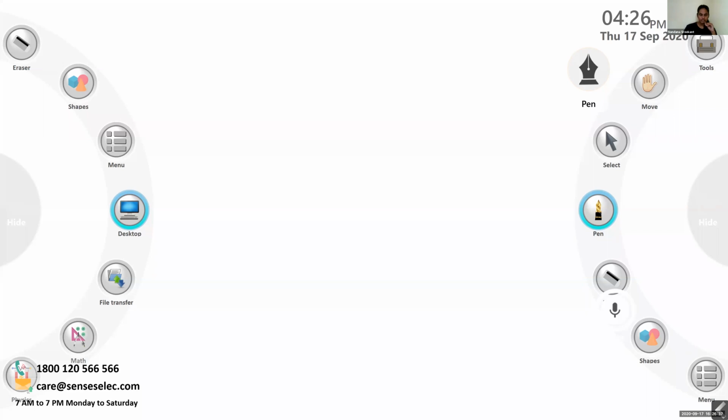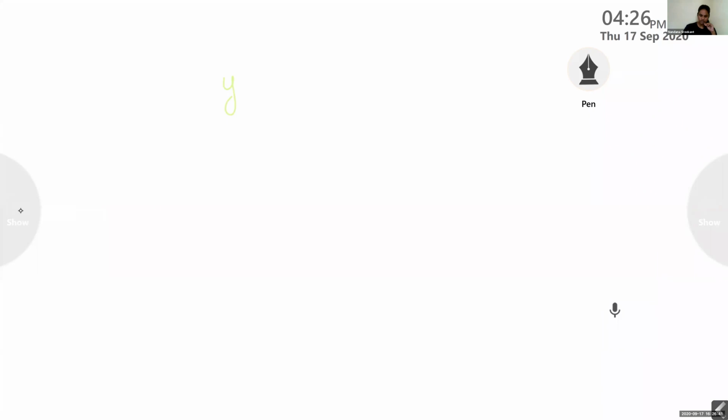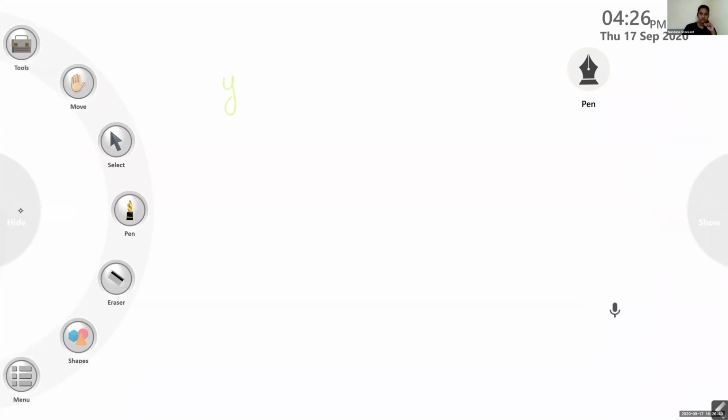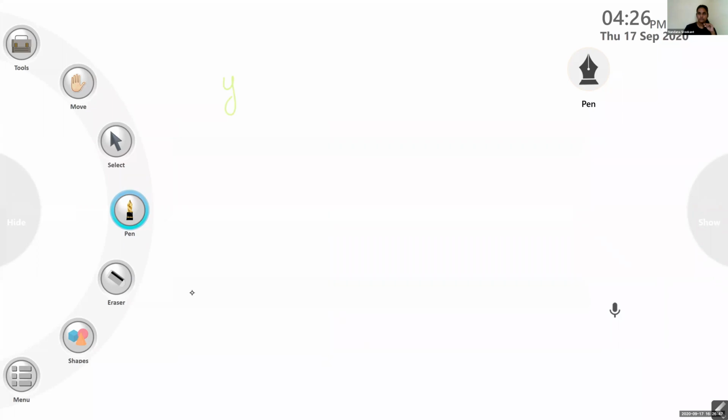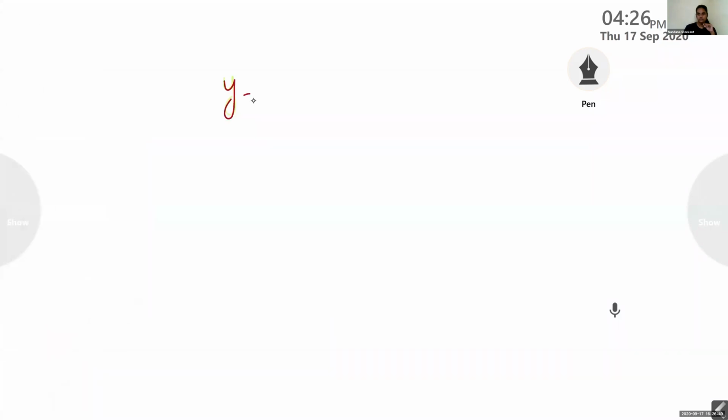If y equal to root x plus 1 by root x. Okay, so y is root x plus 1 by root x.